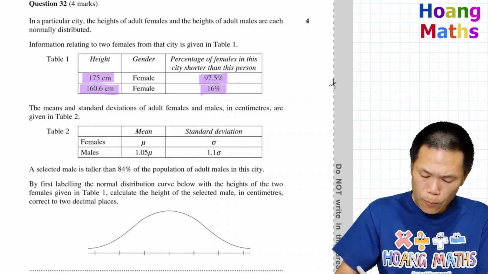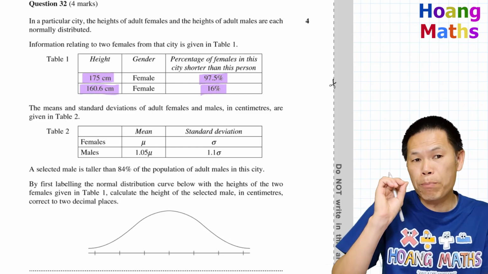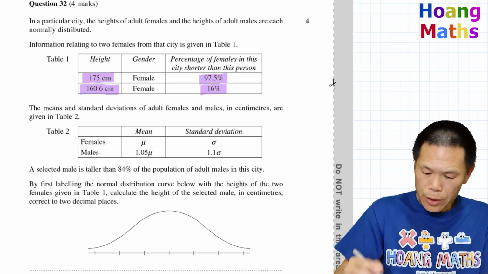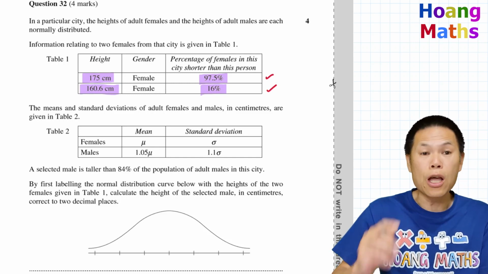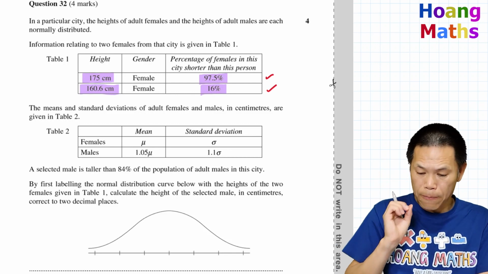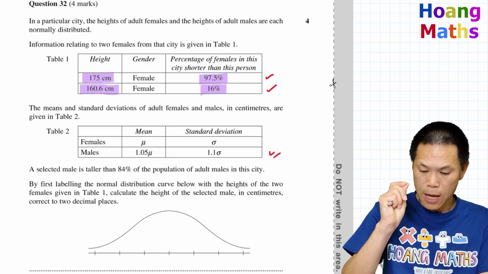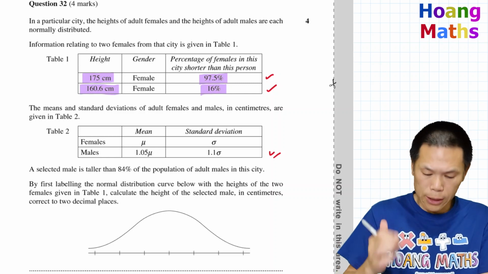And table 2 shows the mean and the standard deviation for both males and females. So what we can do is find the mean and the standard deviation of females from table 1, and we can convert into this table here that will help us to find the mean and the standard deviation for males.